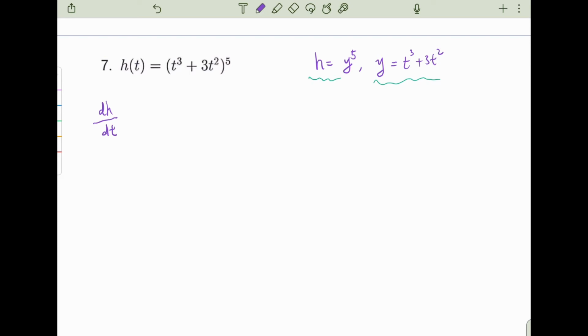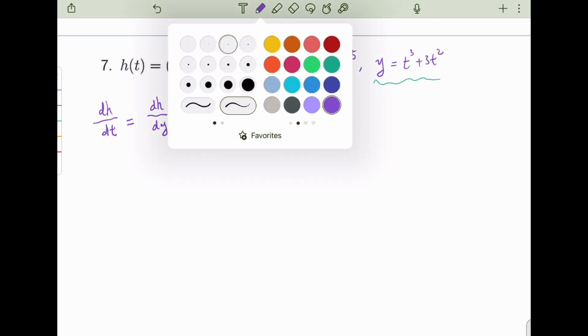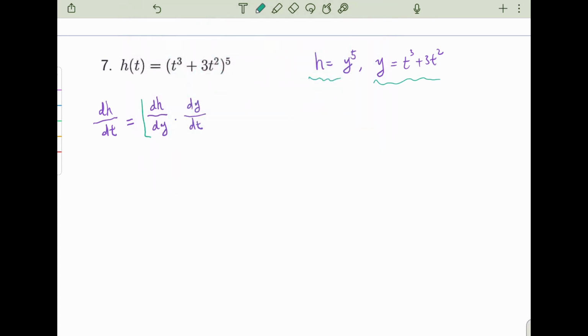And by the chain rule, we can insert a variable in between. So this is equal to dh/dy times dy/dt. Now this first derivative is the derivative of h with respect to y, not with respect to t.